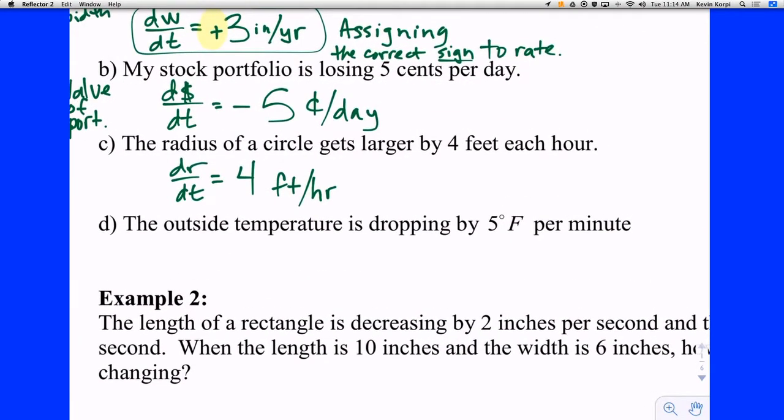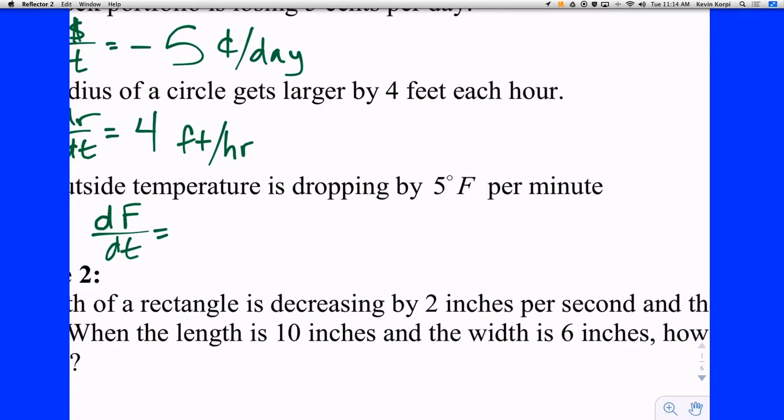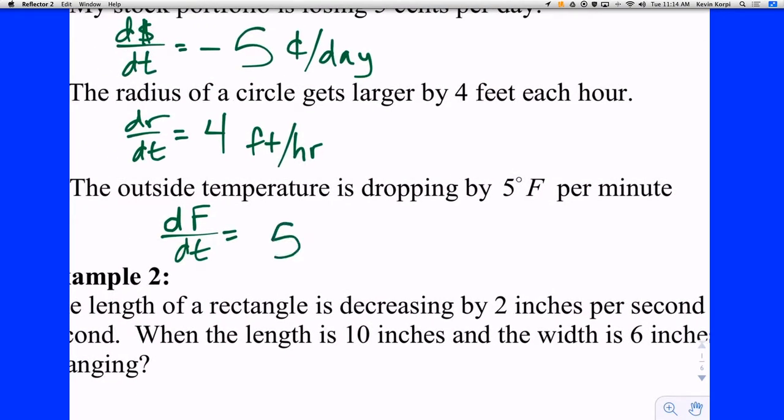The outside temperature is dropping by 5 degrees Fahrenheit per minute. What's actually changing? Temperature. What do you want to call temperature? F for Fahrenheit. Okay, so dF/dt. And let's see, by 5 degrees Fahrenheit per minute. Positive or negative rate? Negative, right? Dropping. The outside temperature is decreasing.